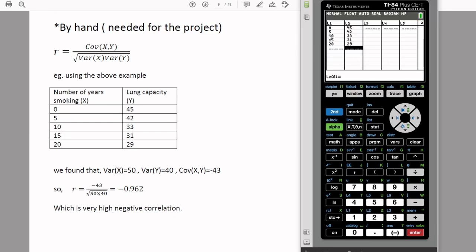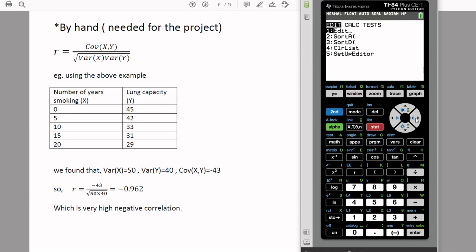Okay. And then you always check that it looks the same, because I've made millions of these mistakes over the years, and it's always good to just double check it. So that looks the same, doesn't it? Then you go to stat and across to calc, like you normally do when you're finding the 1-var stats.